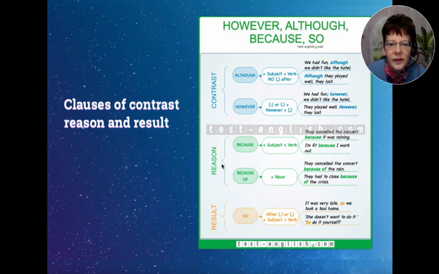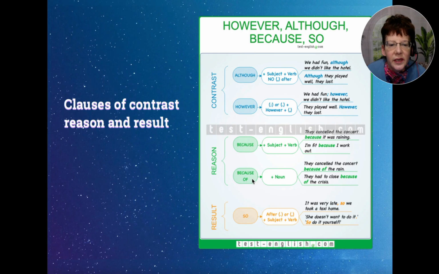Then we have clauses of reason that start with because or because of. Because can have a subject and a verb after it. For example, I'm fit because I work out. So it kind of expresses cause and effect.